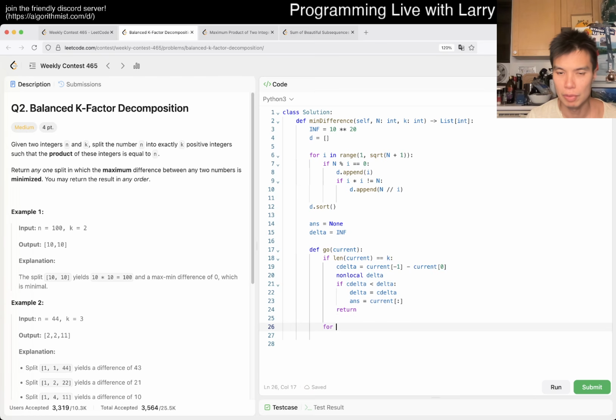Otherwise, then it's just from, maybe that I need to use D. Make it B. Oh, I'm being dumb.